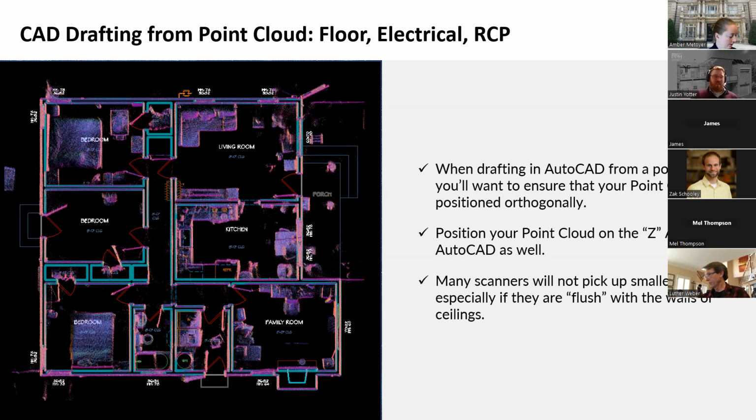For the laser scanning, it's actually pretty straightforward. I've done some surveys myself. My team has done some surveys that have a lot of boxes, a lot of stuff, a lot of furniture, a lot of things on the walls.